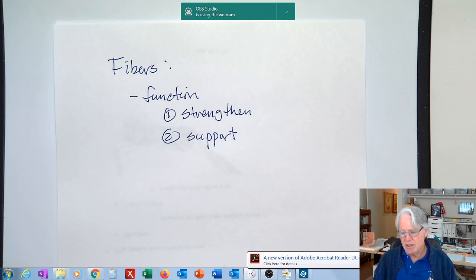So I'm assuming that most of you have seen or witnessed how buildings are being built, and in particular cement or concrete structures. If you've noticed, generally what happens is you build out of wood a form in which you want the concrete to take shape.